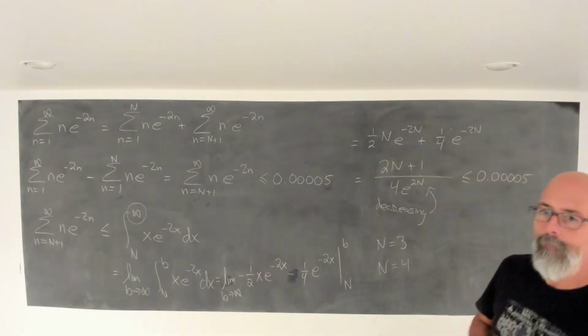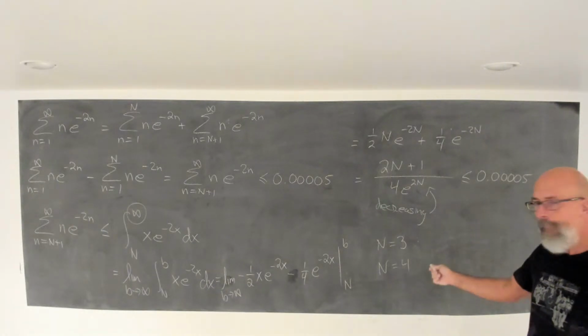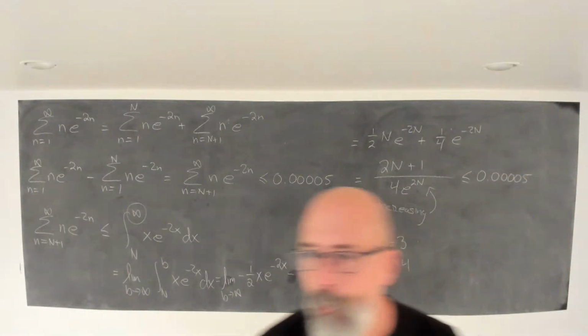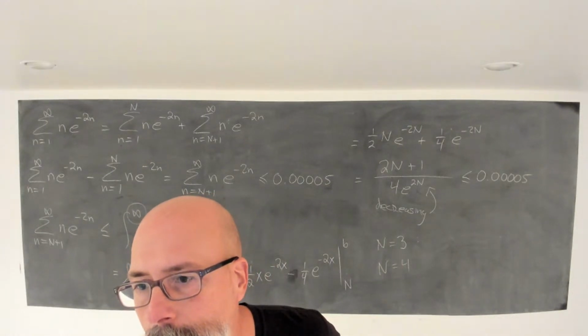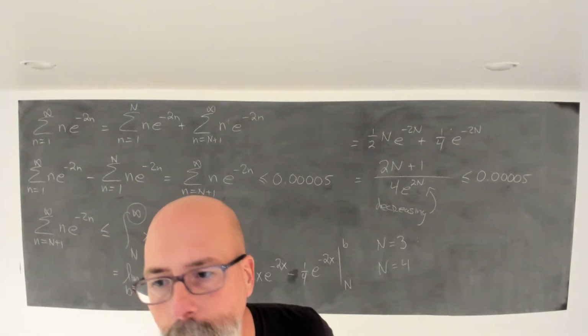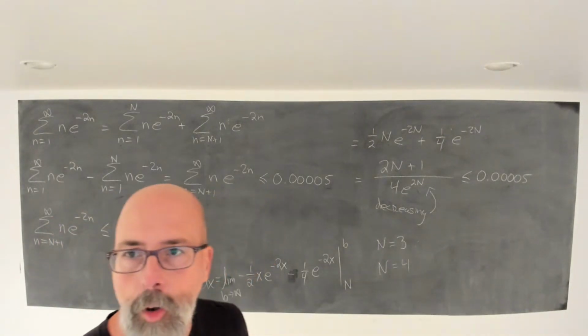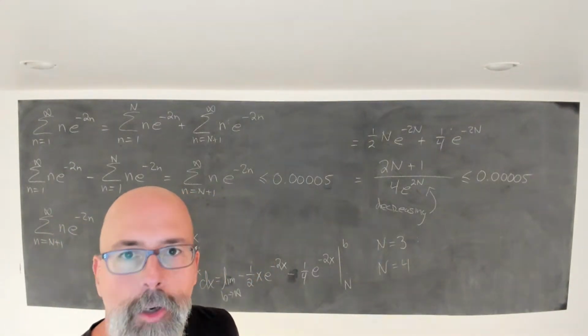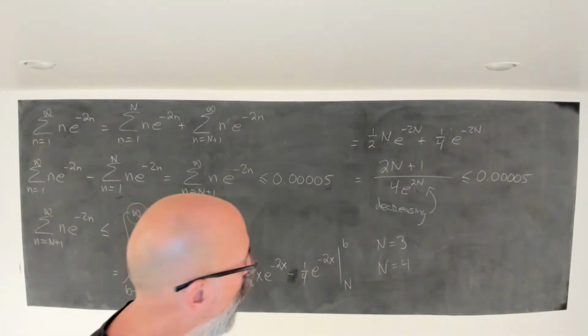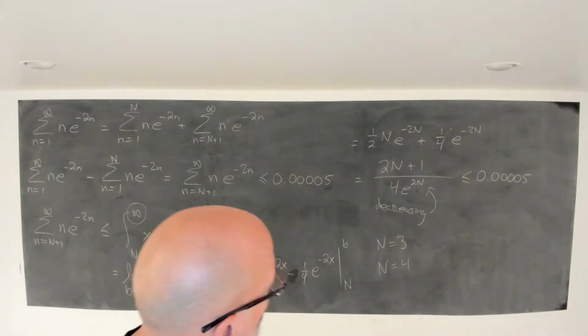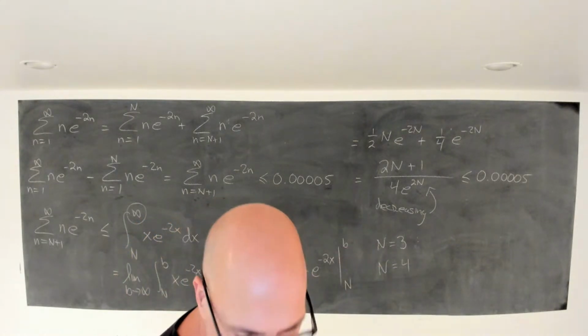Wolfram Alpha. Why 3 specifically? Trial and error. I have no reason to think that this is going to work. I'm going to do the Wolfram Alpha myself. If n is 3, that is 7.